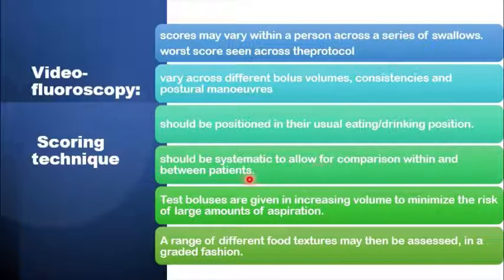And the test bolus should be started by a small volume, and then the volume is increased in subsequent swallows to minimize the risk of aspiration of large amounts if there is a failure at any level. And a range of different food textures, consistence between fluids, semi-solids, and solids are usually adopted.